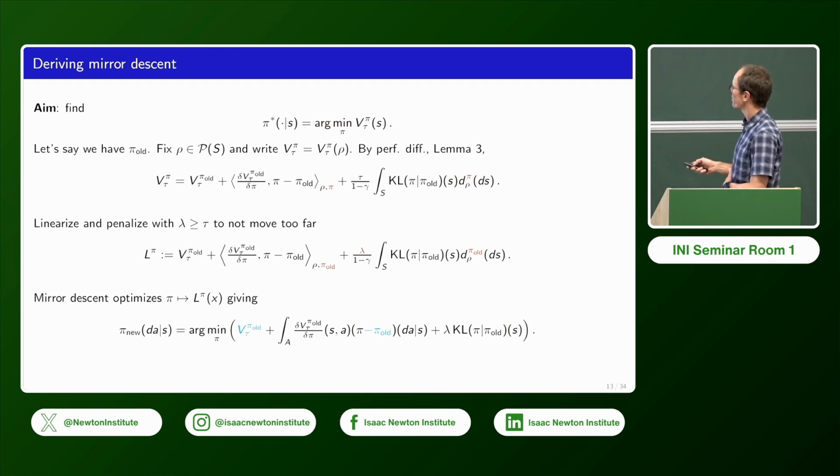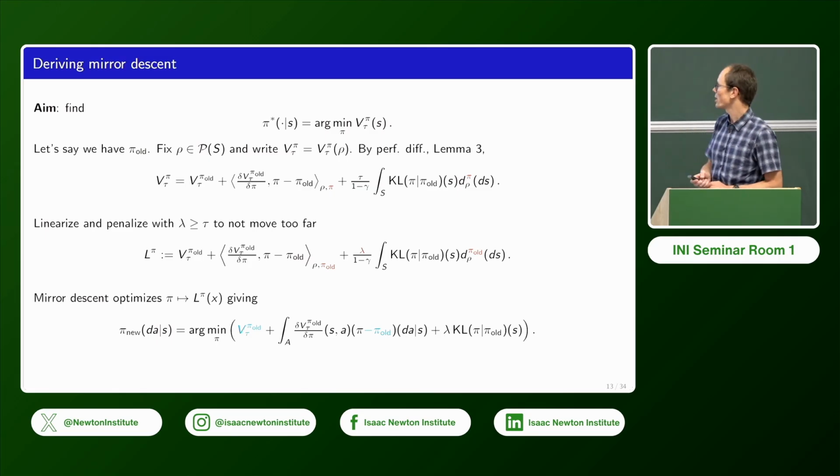So you can start by writing the identity coming from the performance difference lemma, and that itself doesn't simplify the problem in any way, because, because of the occupation measure, the new policy over which you want to optimize enters in a nonlinear way, and here again on the KL term, it enters in a nonlinear way. But you just say, okay, we can be lazy, we can linearize, but because I've linearized and put the old policy there, I better introduce a big enough penalty so that this doesn't destroy things.